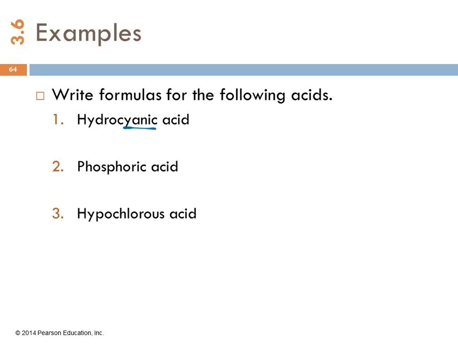Well, how do we even think about this? Cyanic. Cyanide, okay? So that comes from cyanide. Cyanide is CN minus. The charge on the ion tells us how many hydrogens, because the hydrogens have a +1 charge. So +1 minus 1, this must be HCN.